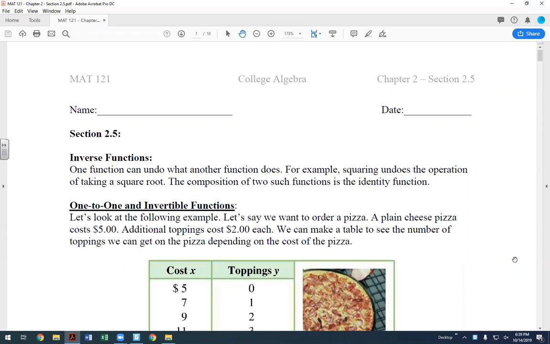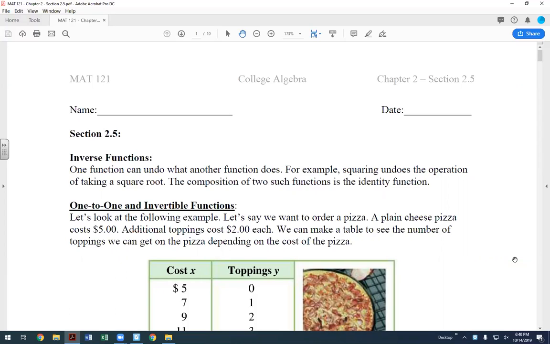So this one here is talking about the inverse functions. When we're talking about inverse functions, we're basically talking about if one function is doing, let's say, addition, then the inverse function is going to undo what the addition function did, right? So what would be the inverse function for addition? Subtraction.